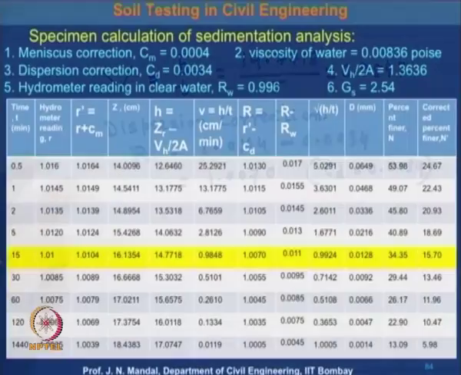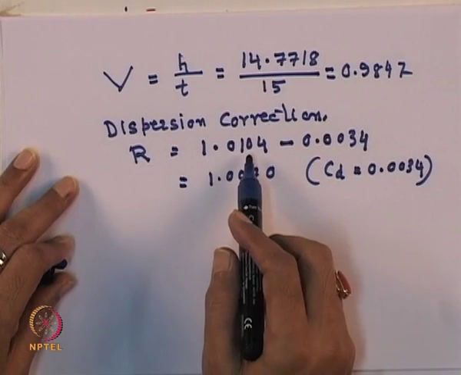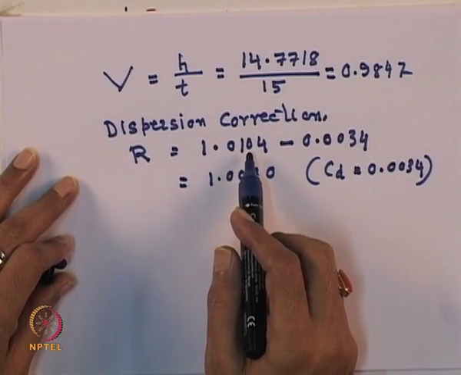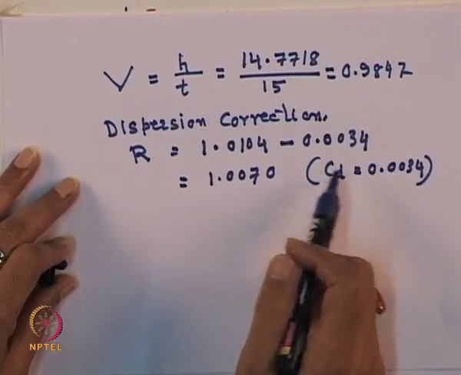So this will be 1.0070. That means whatever reading you have taken here, 1.0104, minus this dispersion correction CD, so you can correct for the dispersion.